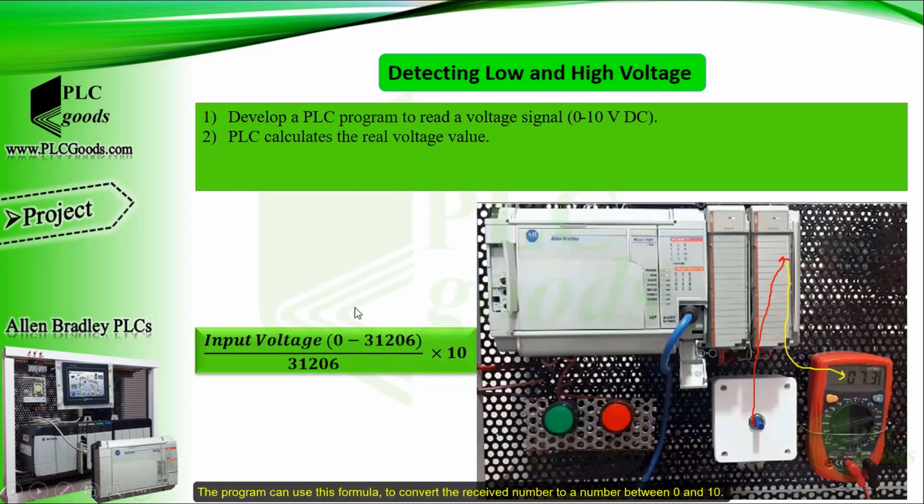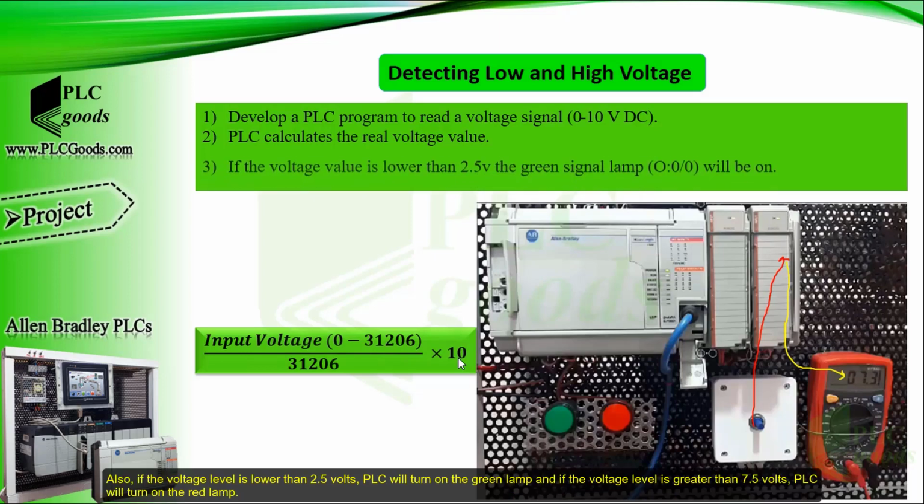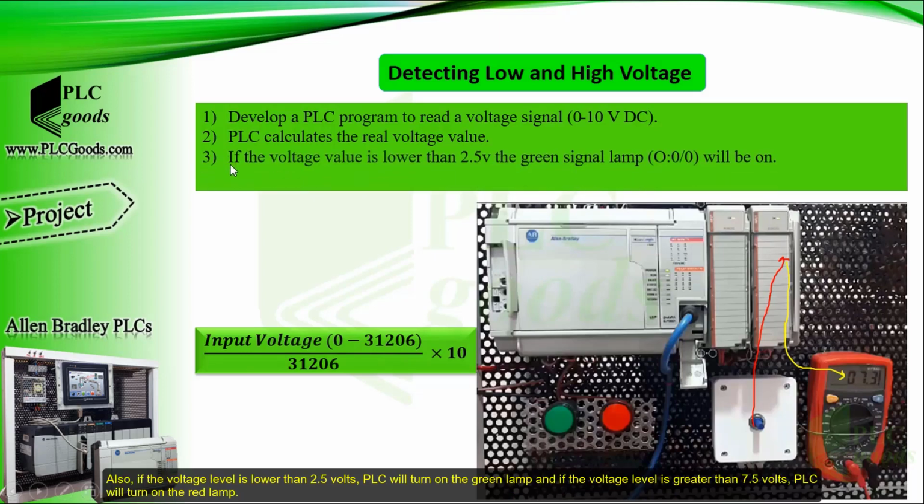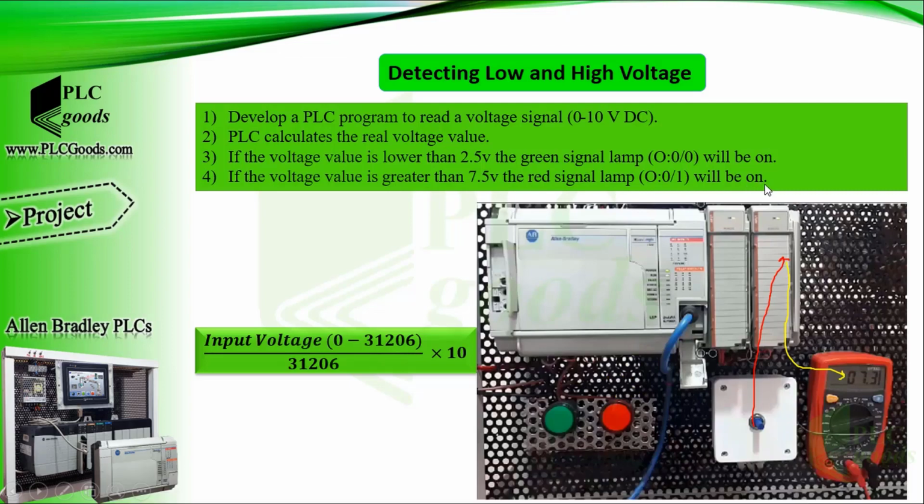The program can use this formula to convert the received number to a number between 0 and 10. Also, if the voltage level is lower than 2.5 volts, PLC will turn on the green lamp. And if the voltage level is greater than 7.5 volts, PLC will turn on the red lamp.